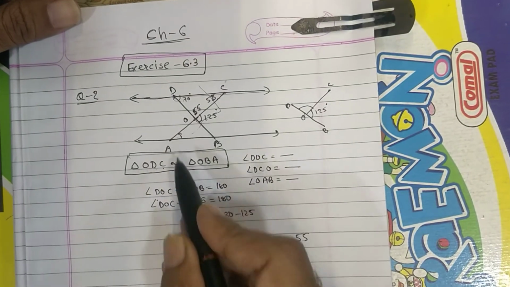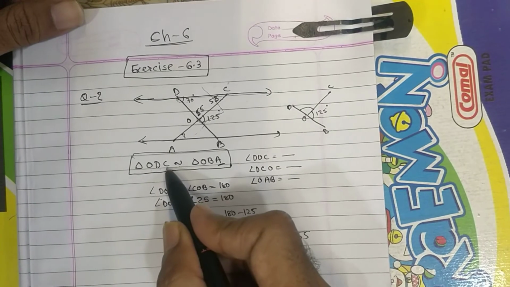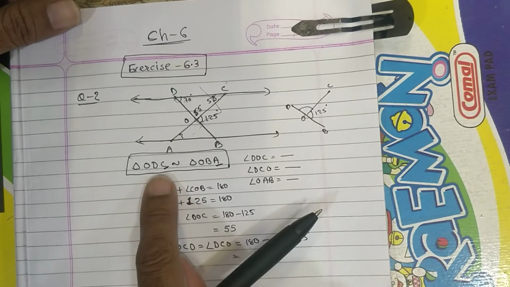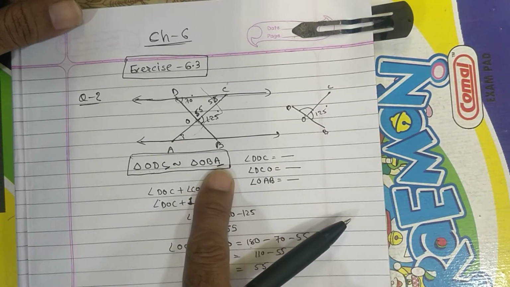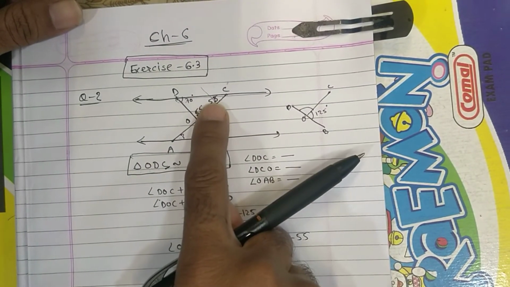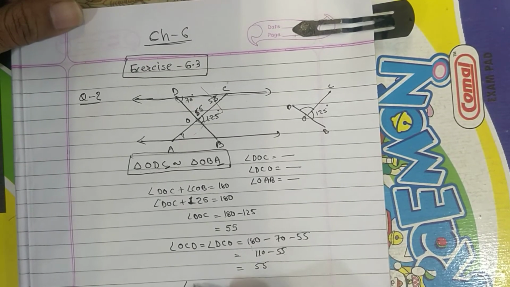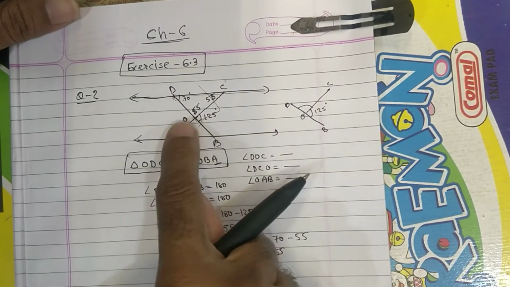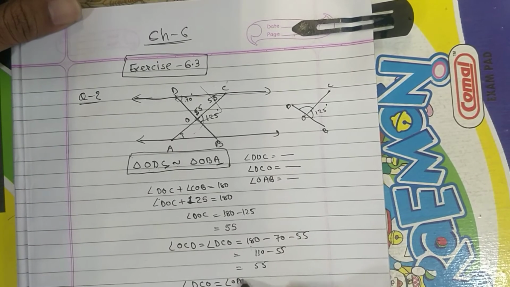So I want to find out A, and here A is in third position. Here third position is of angle C. That means angle C and angle A both are same. Here C angle is 55. That means A angle is also 55. So DCO, that is C, and OAB, that means A, both are equal. Okay.